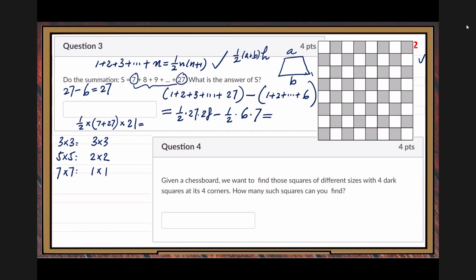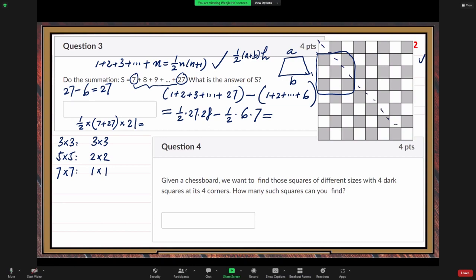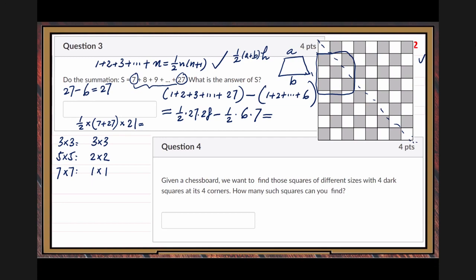But if you look at this part, there is another symmetric, like mirror reflection. If you do the mirror flip based on this diagonal, there is another copy of the same set of figures.